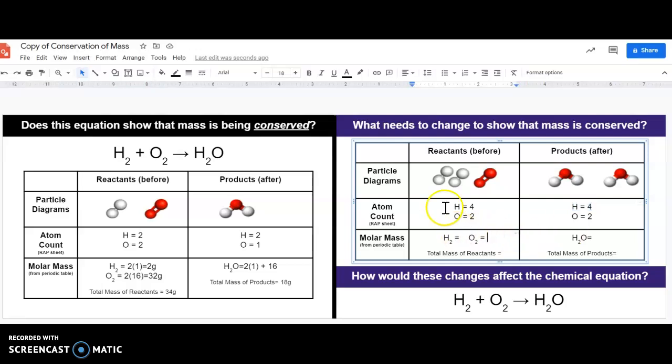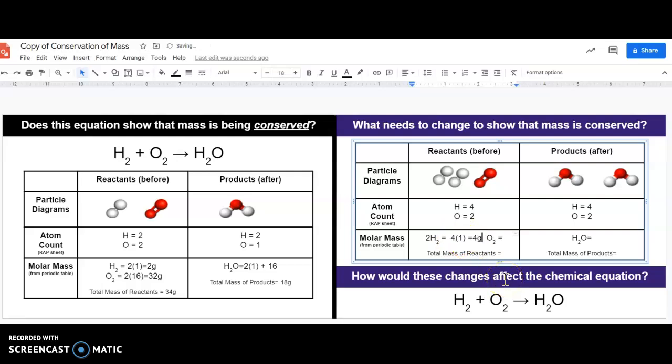Let's check out our mass. So instead of, for H2, we have 2 hydrogens and 1 oxygen. So we do 4 hydrogen times 1, because there's 1, 2, 3, 4 of them with a mass of 1.